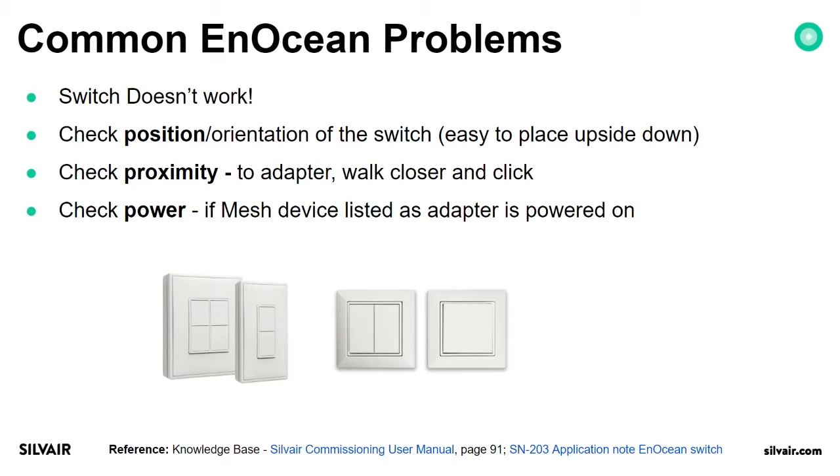There are situations where you really need to put an Ocean switch a bit further away from the node, but you can always test it before you put it in place. And also the node that is connected to an Ocean switch should be powered on.